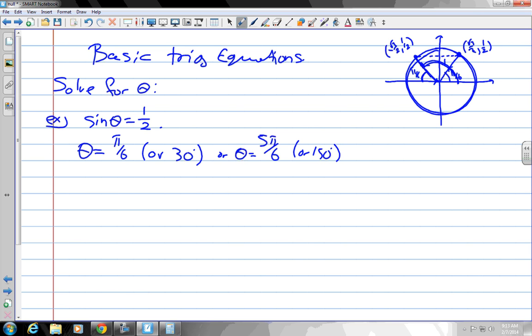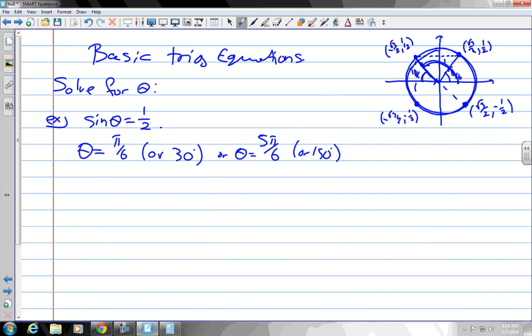Are these the only solutions? Well, if I keep going, this point right here is going to be negative square root of 3/2, negative 1/2. Right? Well, my equation only asks for positive 1/2. And if I keep going in this quadrant, I'll get positive square root of 3/2, but still negative 1/2.